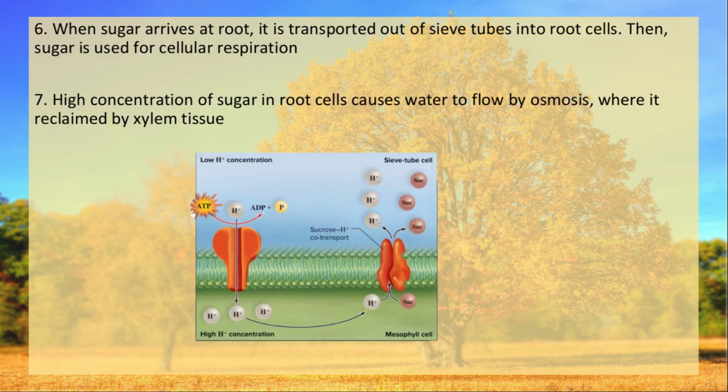Remember, the photosynthesizing leaves are the source, and the root cells are the sink cells. The sugar is needed for metabolic processes. As the concentration of sucrose decreases in the sieve tube, water flows by osmosis out of the phloem into the xylem. And that is basically how this model works.